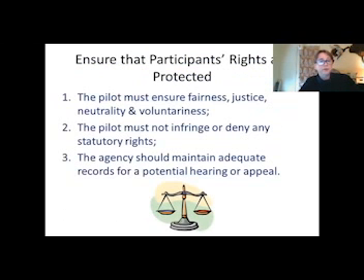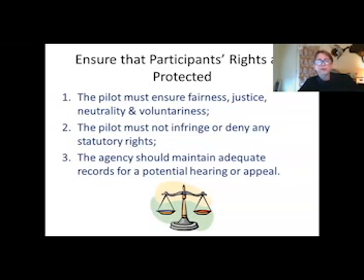Again, we cannot emphasize this enough: ensure that participants' rights are protected. The pilot must ensure fairness, justice, neutrality, and voluntariness, as Navarro said, and not infringe or deny any statutory rights. For example, the right to file a civil action, or the right to pursue an MSPB complaint if that's appropriate.